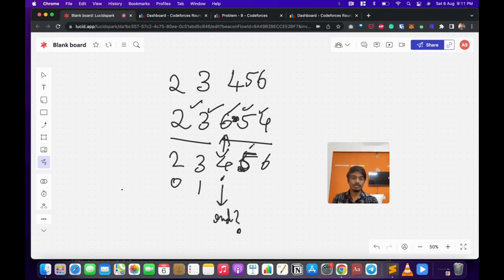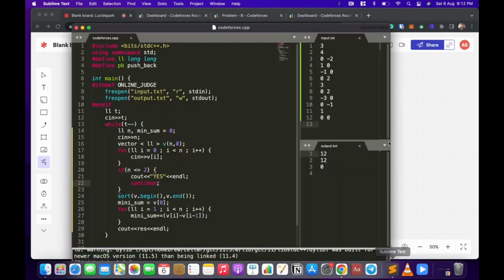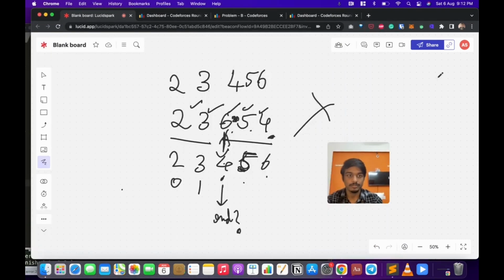But what if the same number comes? If you find a mismatch, start from the end. This is correct, this is correct. Then again in this one, you go to the end. Then in n minus one, if you find a mismatch, that's all. Wherever you find a mismatch, you can close it. So got it right. I think I can do this.